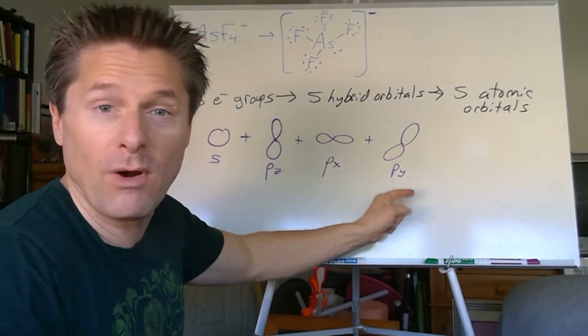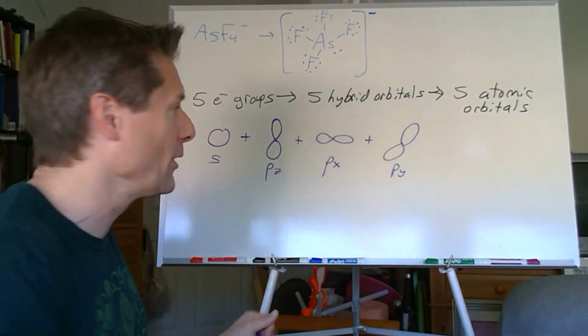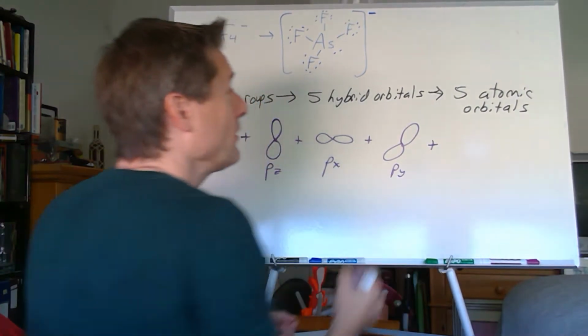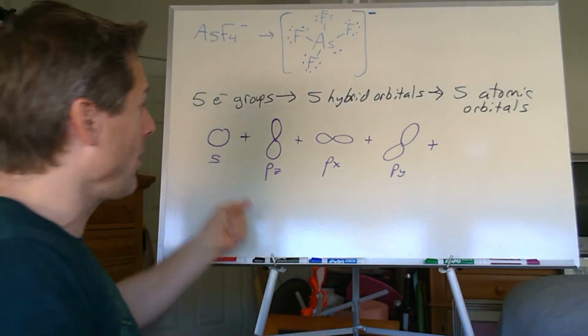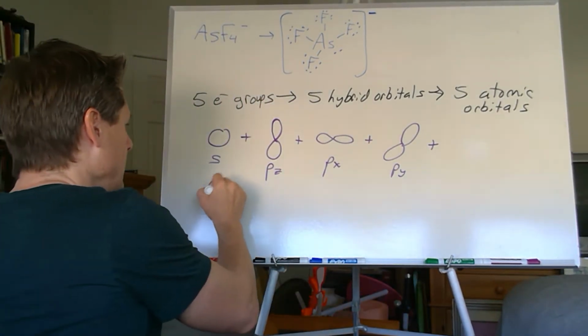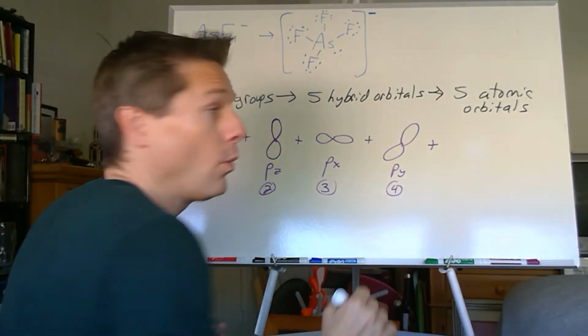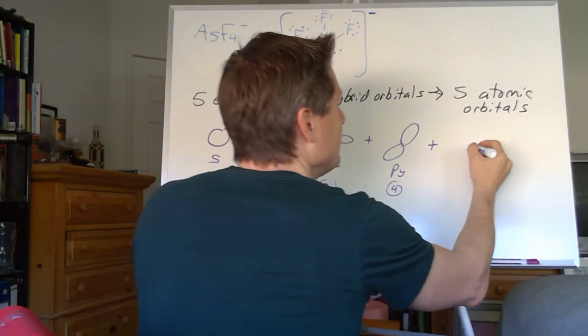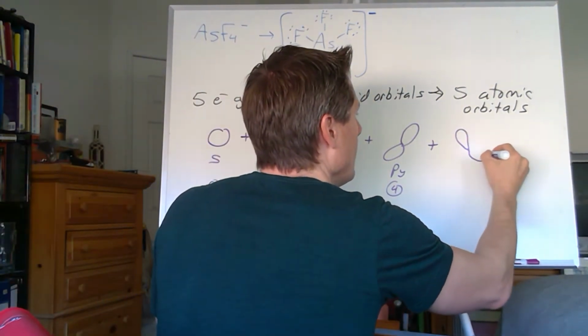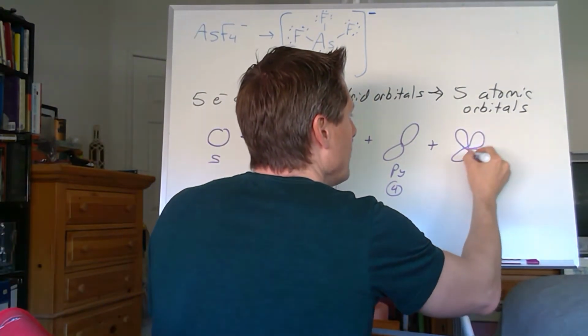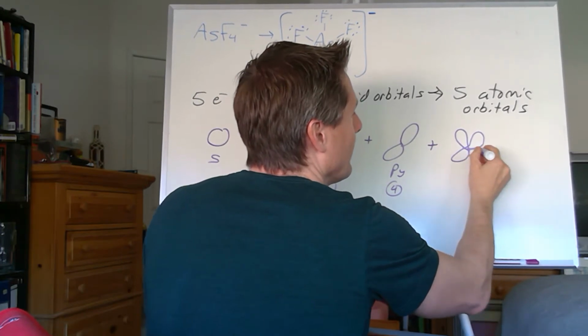1, 2, 3, 4. I'm really oversimplifying this from what I did last time. But that's only 4, so we need 1 more, right? 1, 2, 3, 4. Whoa, we need 1 more. Let's do a d orbital. That's a pretty ugly looking d orbital.